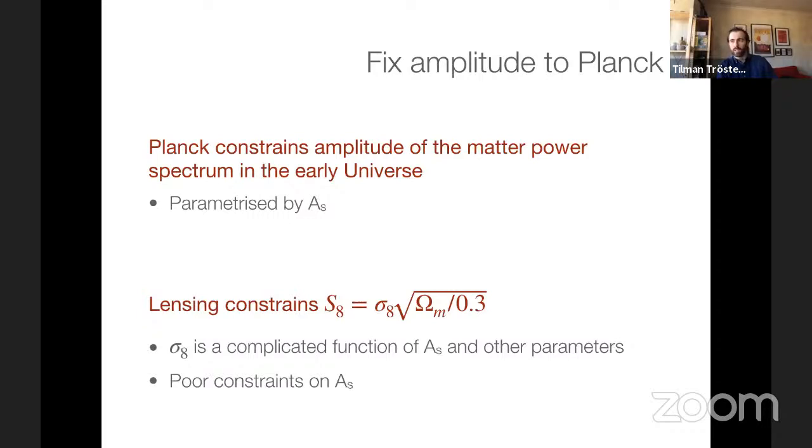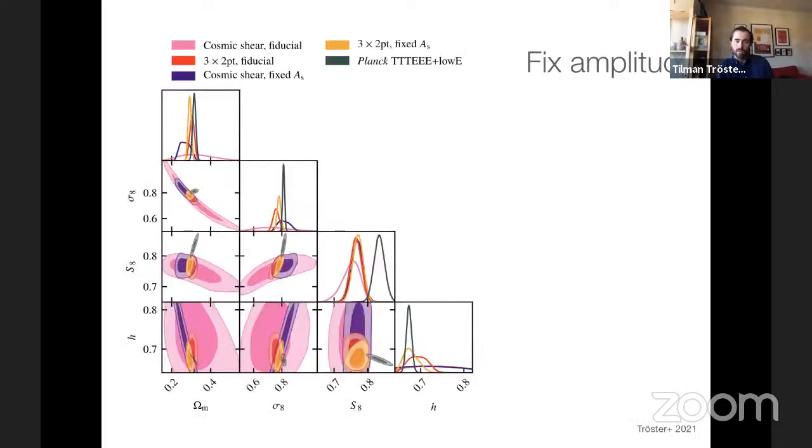So if you fix the overall amplitude, then you could expect that that fixes S8 as well. But surprisingly, it doesn't really do much. So once you fix A_s, because you still have all these other parameters that can affect the amplitude of the lensing signal, you have quite a lot of freedom to restrict before you run into any problems.